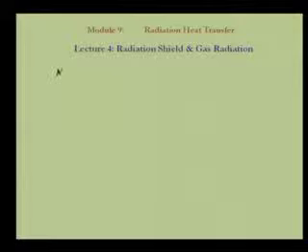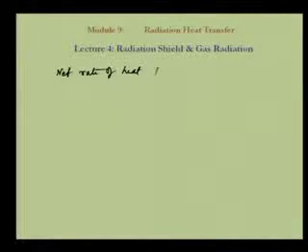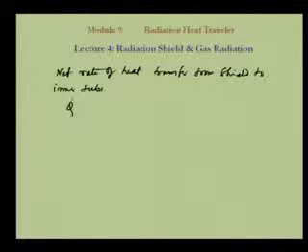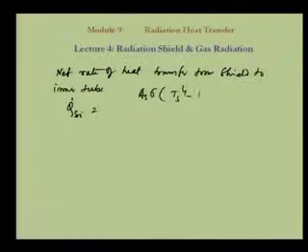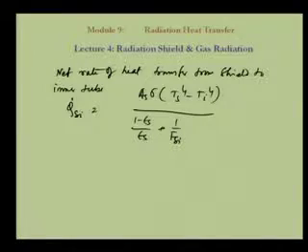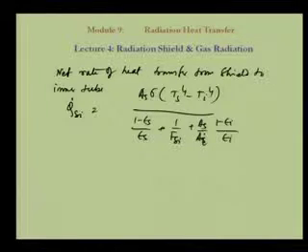Similarly, now the net rate of heat transfer from shield to inner tube, that is Q dot SI, is again AS sigma (Ts to the power 4 minus TI to the power 4) divided by [(1 minus epsilon S) by epsilon S plus 1 by FSI plus AS by AI into (1 minus epsilon I) by epsilon I]. I indicates the inner tube.